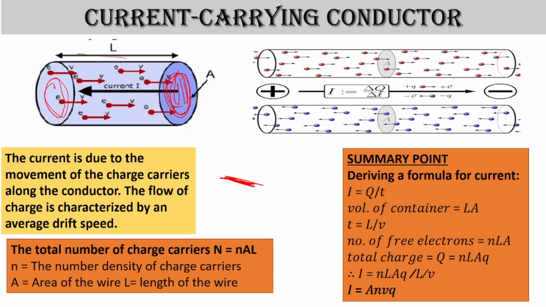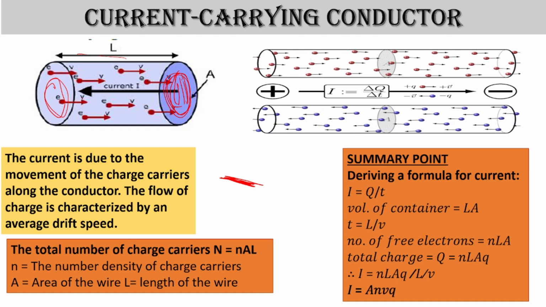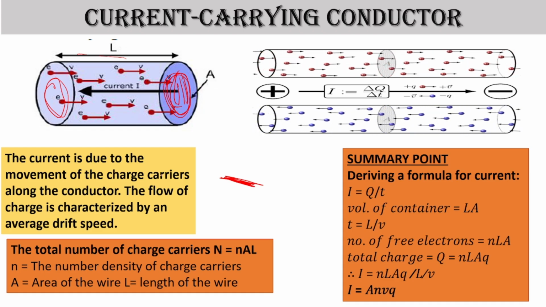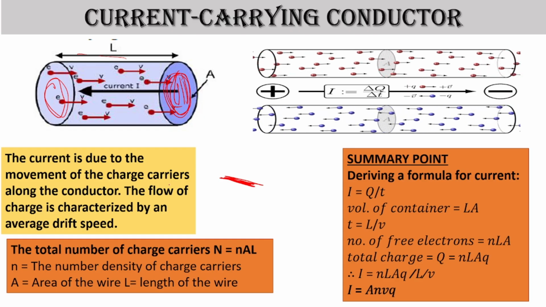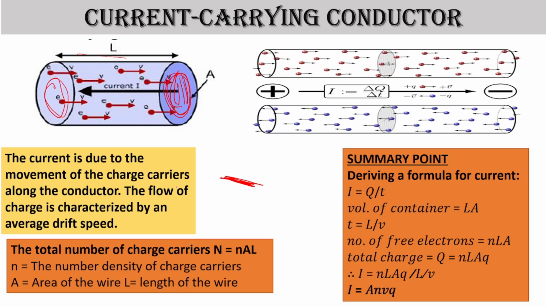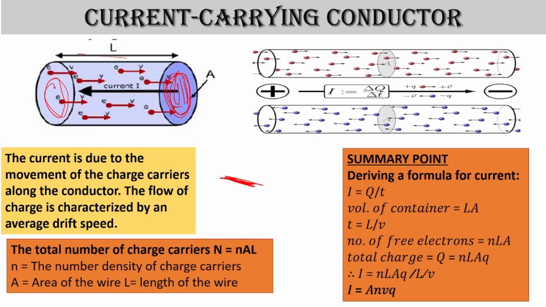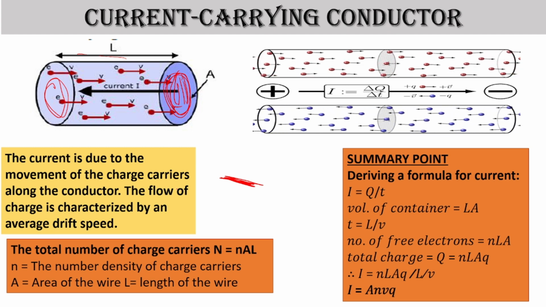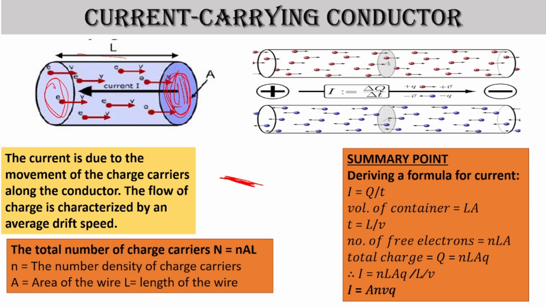The current that flows in a wire is due to charge carriers along the conductor. How does it flow? When we connect, there is what we call drift. The electrons will move, and as they are moving, that is how electricity is conducted.